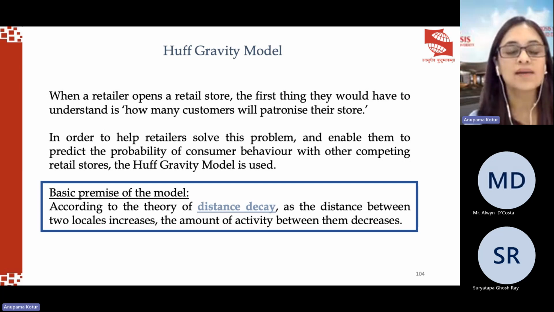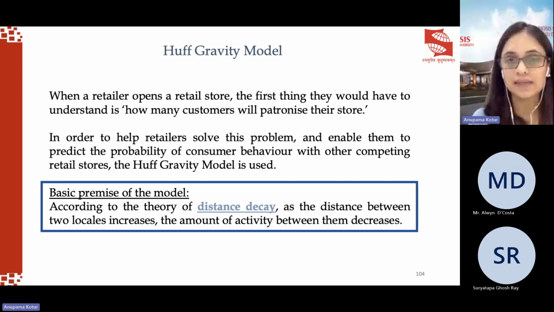The first model that we are going to be learning about is called Huff's gravity model. Now, Huff's gravity model is based on a premise called distance decay. What is the meaning of distance decay?